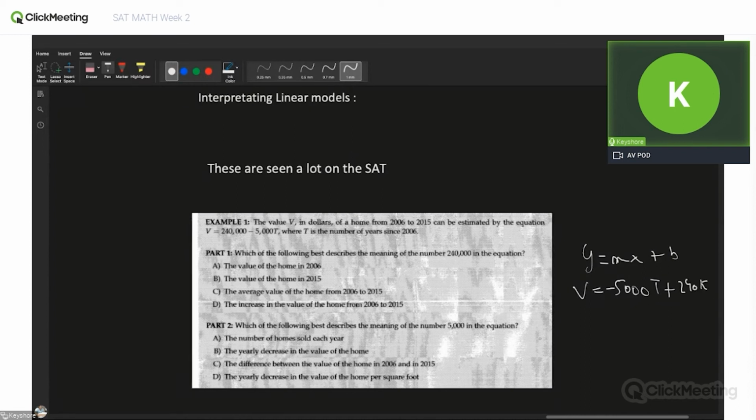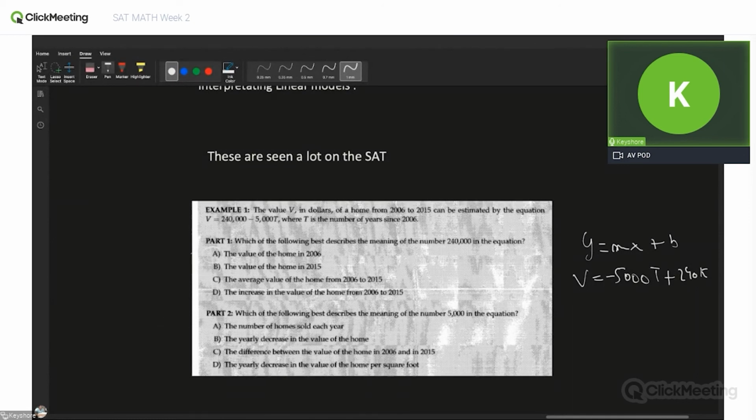And as you can see, this is the value of the home, and as described in part 1, letter A or choice A. So good job on getting it correct. I'll give you guys some time for part 2.